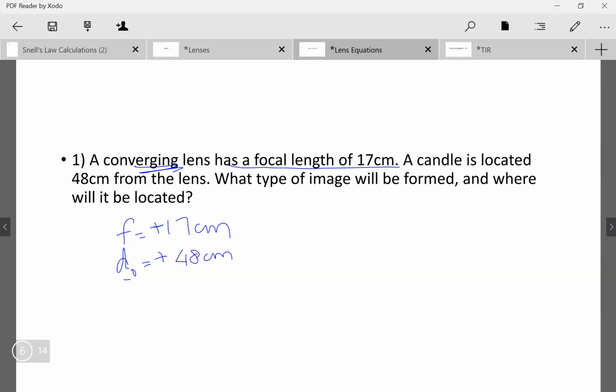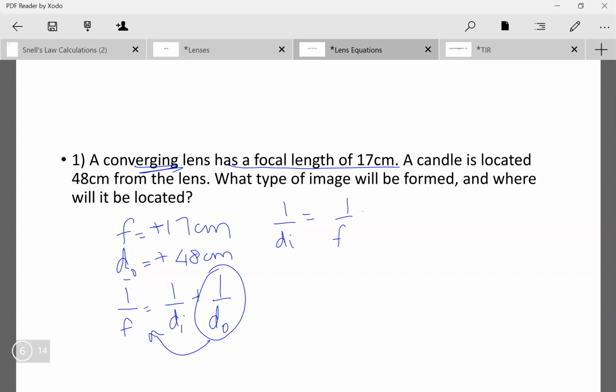Okay. So I have 1 over F is 1 over DI plus 1 over DO. I have to find 1 over DI essentially. So I'm going to move this term to the other side, which makes it 1 over F minus 1 over DO.